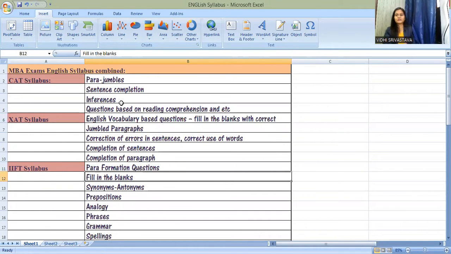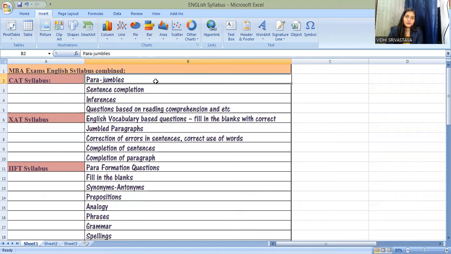If you see the syllabus, let's start with CAT. In CAT, you can see that the syllabus is quite simple. It says questions based on RC, inference, sentence completion, parajumbles, and yes, that's it.